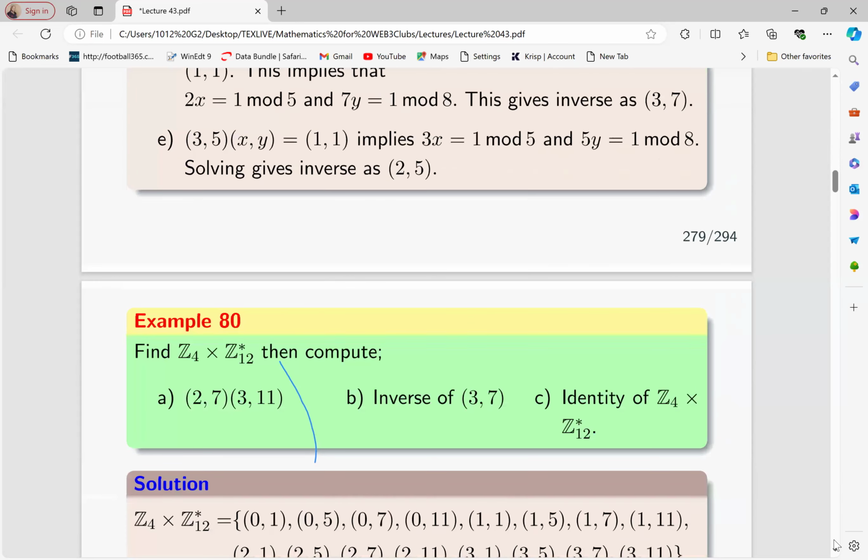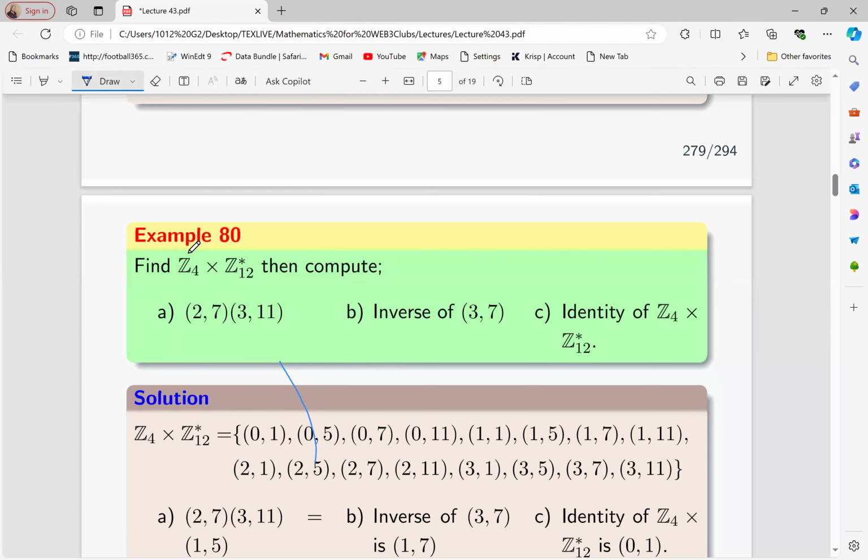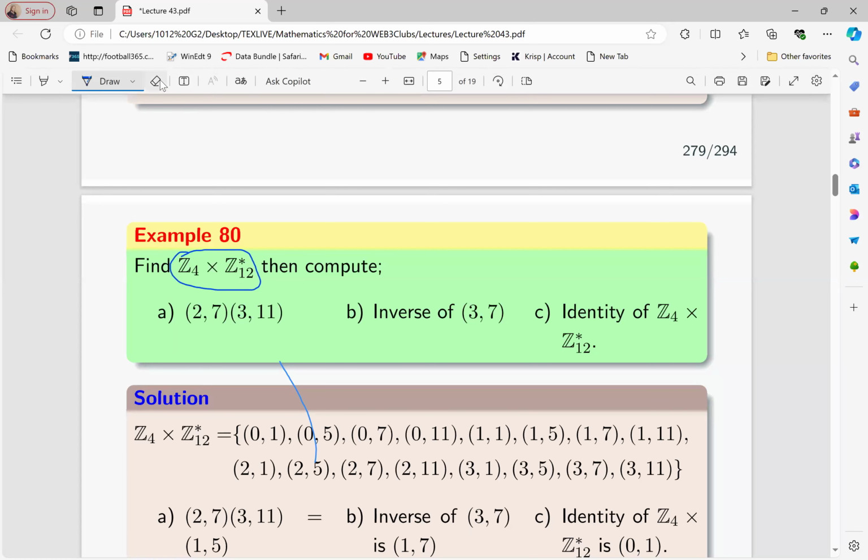Now, the next example I'm looking at is a direct product group of an additive group cross a multiplicative group. So the question is, find the elements of this group. Now, what we know about the first group, Z4, is that it's an additive group and that it consists of elements 0, 1, 2, 3.